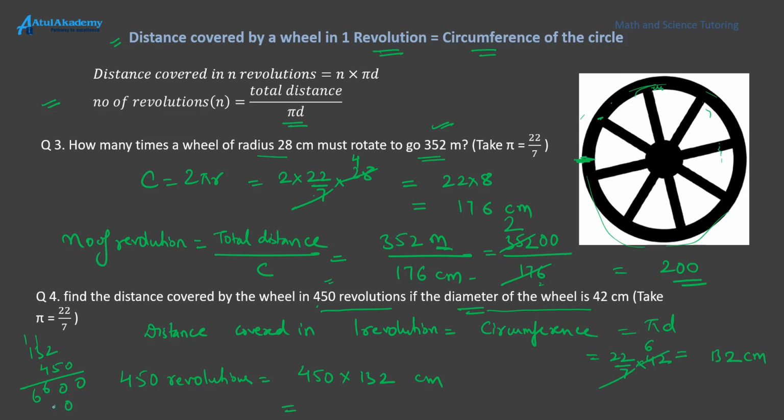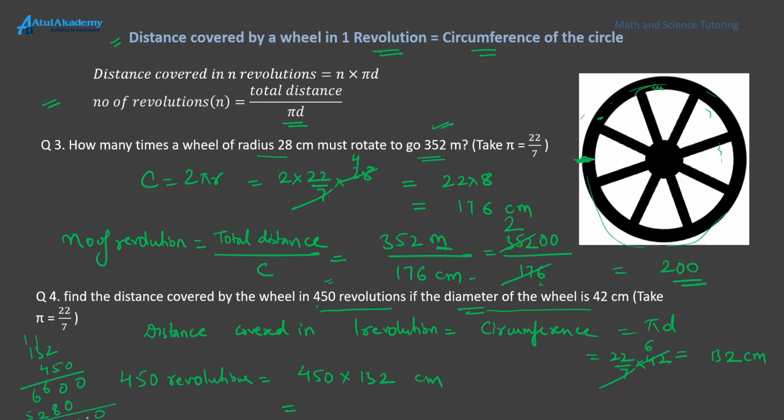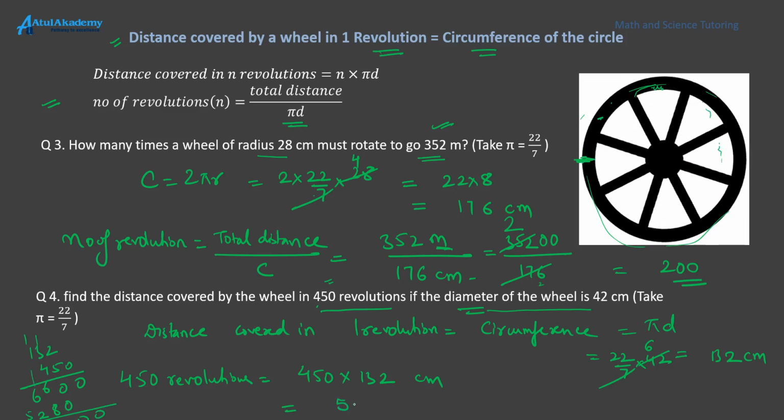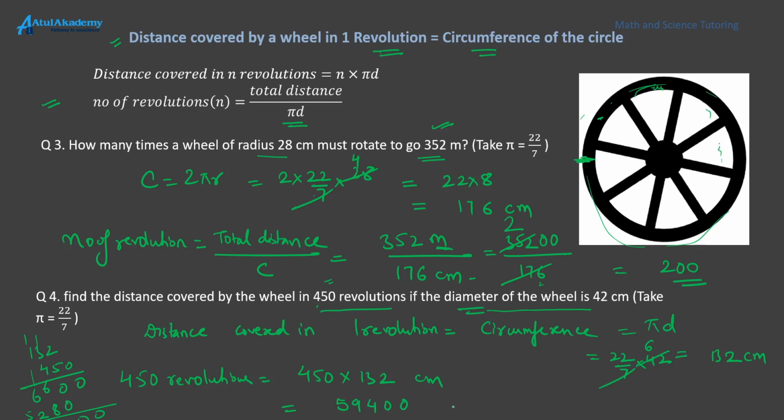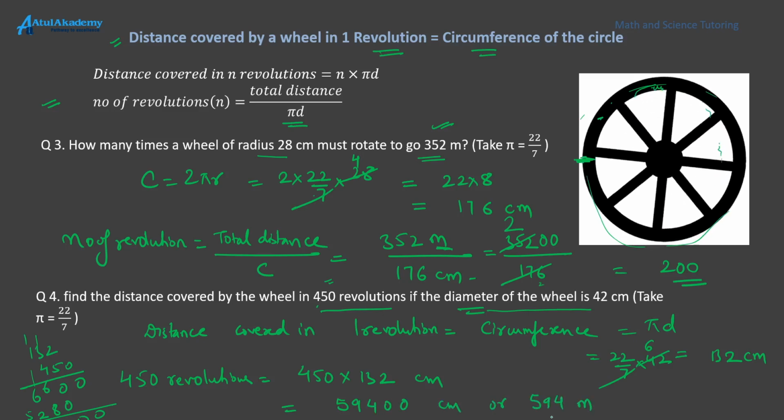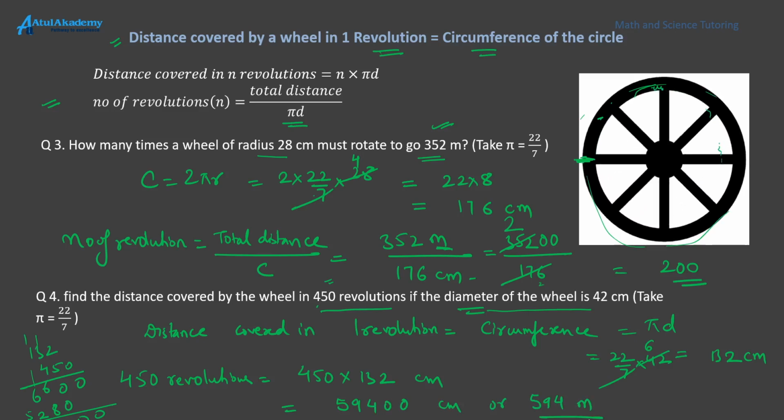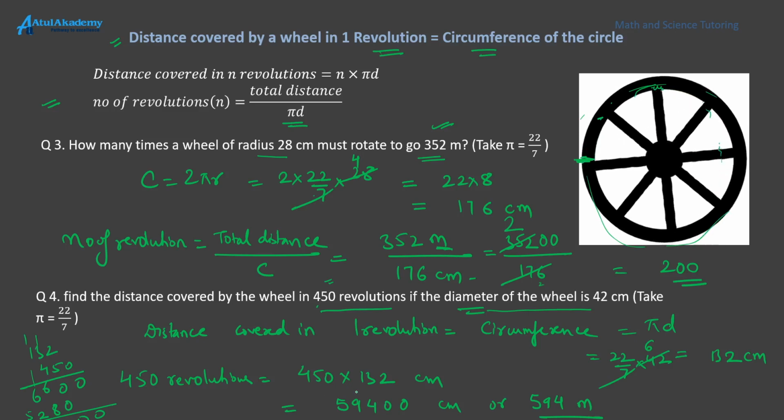This is 0, 4, 2, 8, 12, and 5. So how much does it come out to be? 59400 centimeter. Or I can also write it as 594 meters. I hope till here it is clear, students. So what we have done is just a multiplication. So, okay, thank you for watching the video.